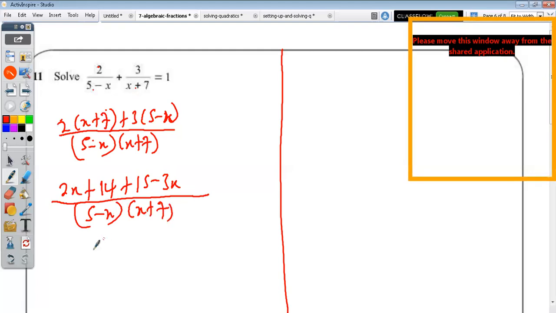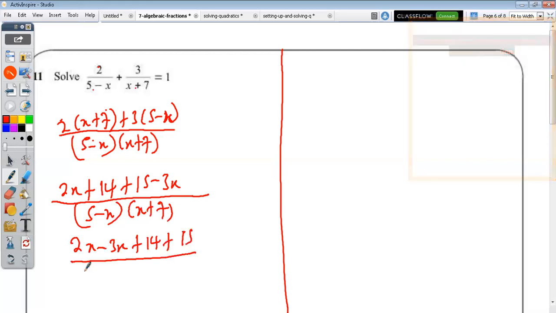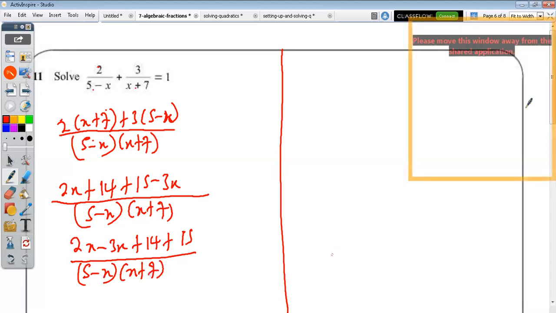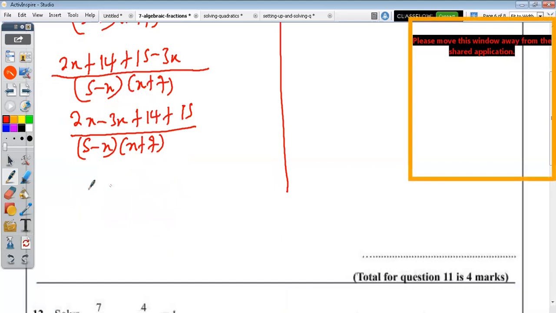Now we can group like terms together. So it means 2x minus 3x, plus 14 plus 15, all over the same denominator, 5 minus x brackets x plus 7. And we know from maths that if we do that, this gives you minus x plus 29 over the same denominator, 5 minus x brackets x plus 7.